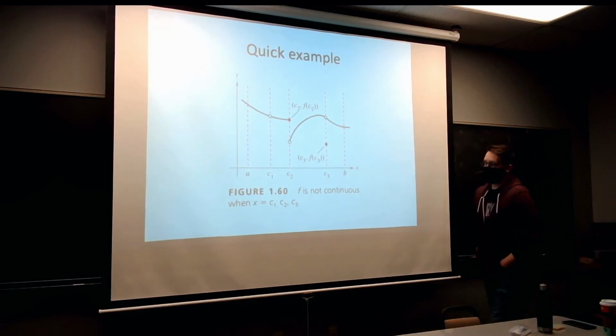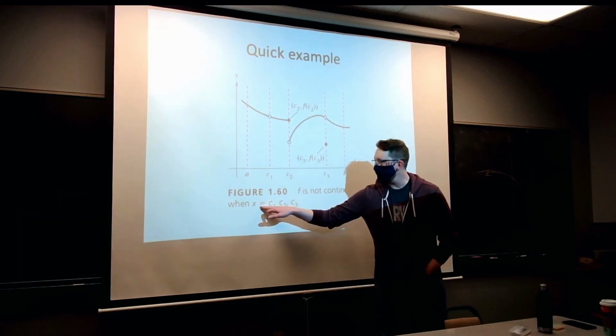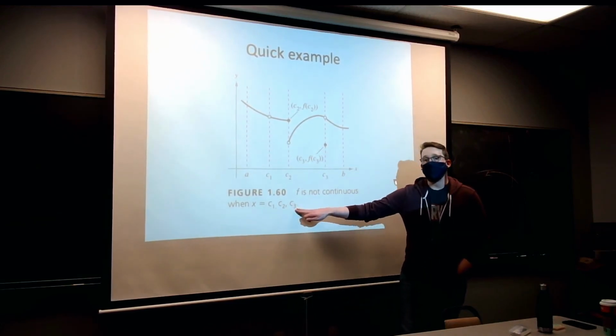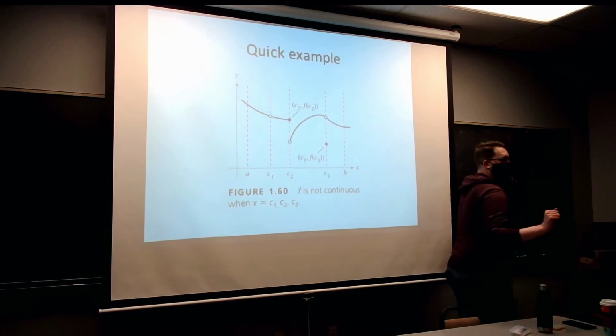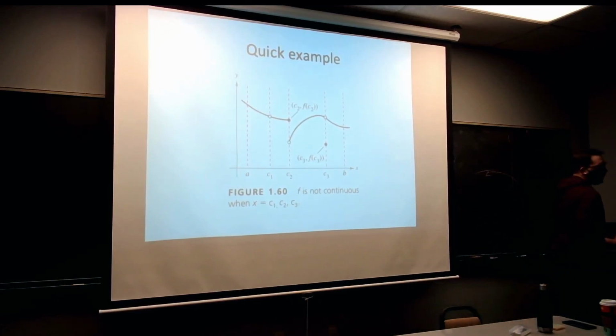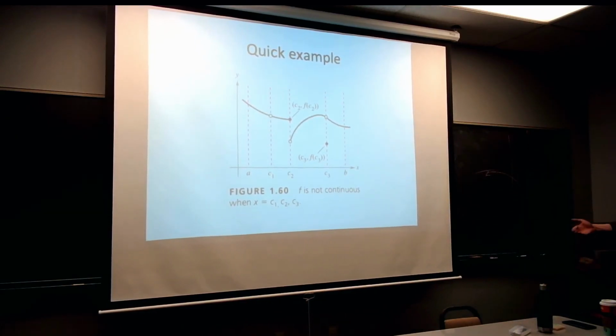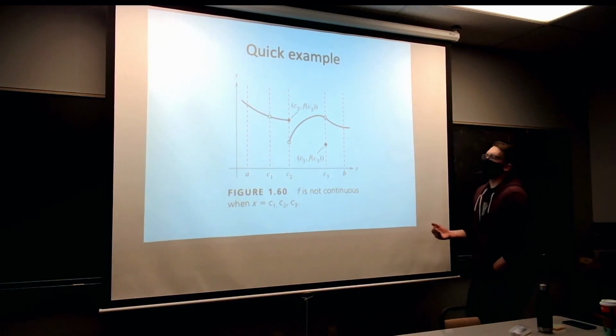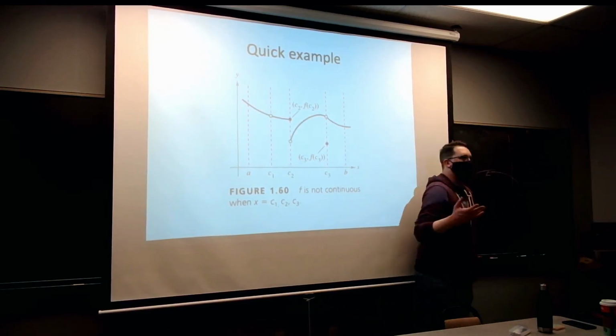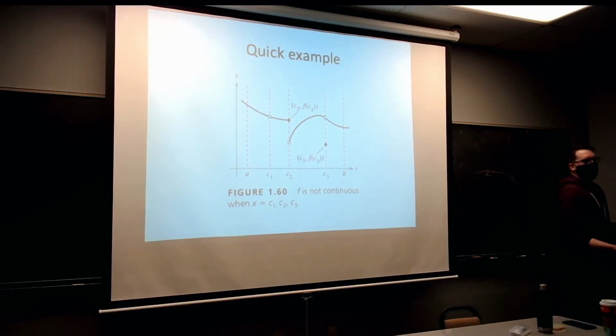All right, so when a function's not continuous, we say that it's not continuous at points. And the reason for that is because it's discontinuous at points. It's not likely to be discontinuous everywhere, just at points. Does that make sense?